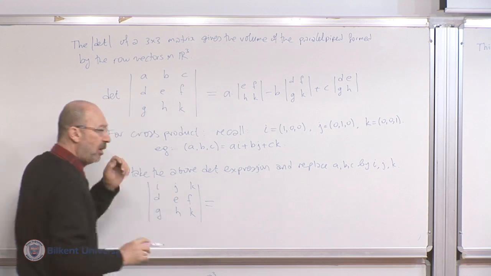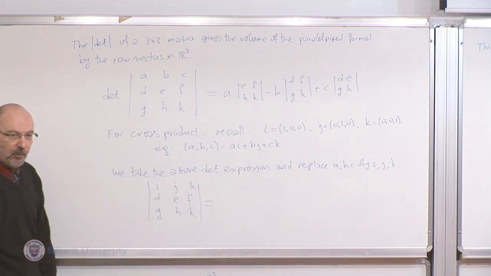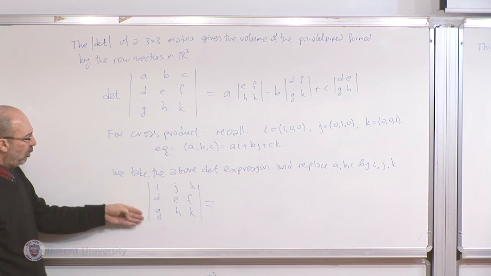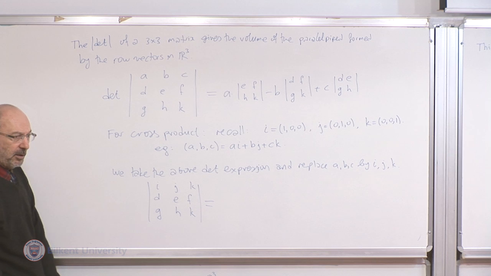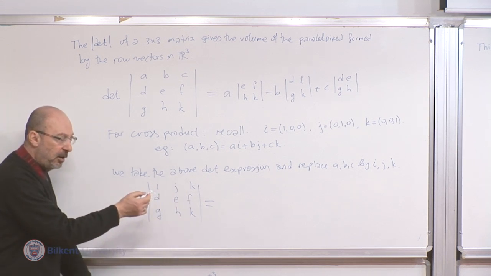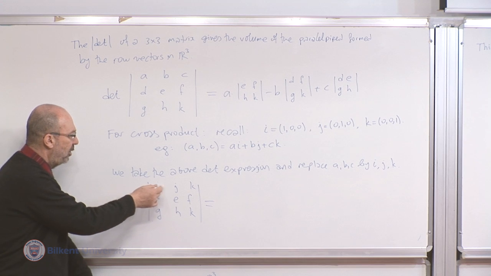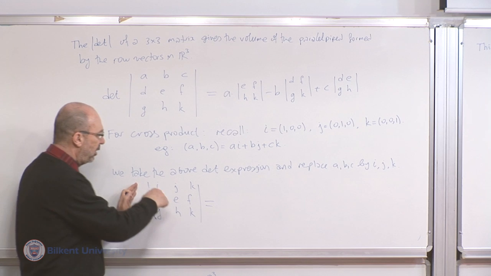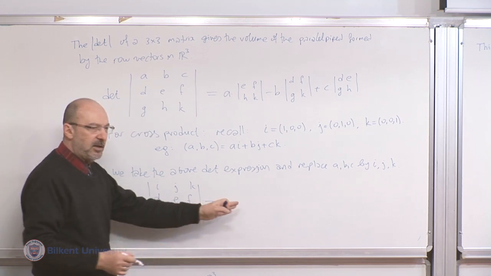I'm just doing this formally, because as I mentioned last time, when you talk about the determinant of this matrix, it doesn't make sense because we have numbers here and then we put vectors here. You can put a bus here, you can put a chair here. It doesn't make sense. But we are saying that this thing will be defined as the following.